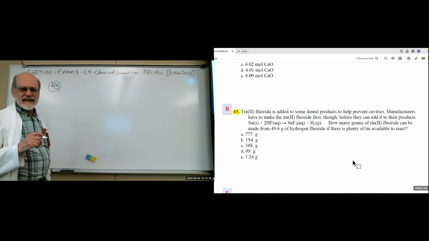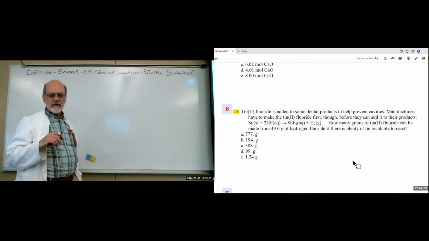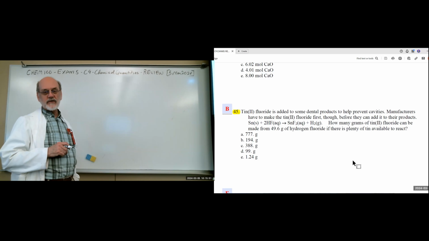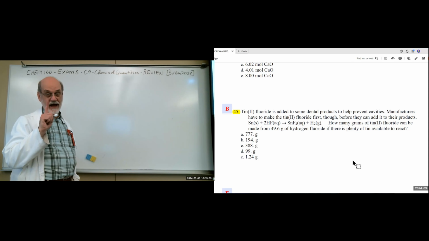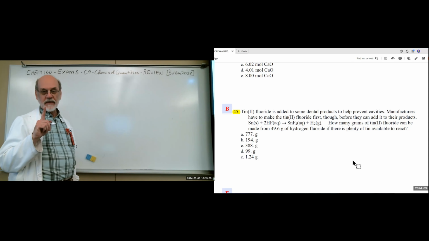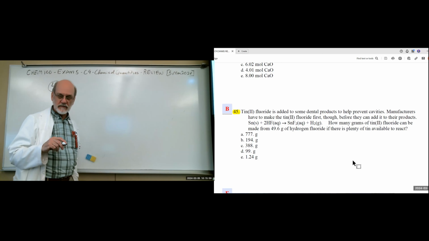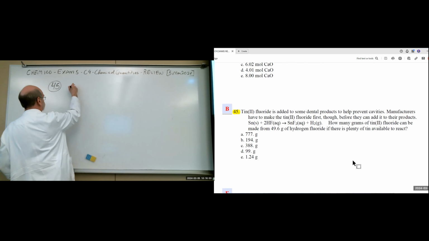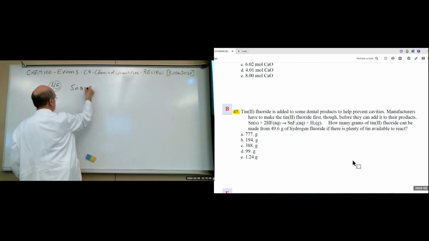45. Tin-2 fluoride is added to some dental products to help prevent cavities. Manufacturers have to make tin-2 fluoride first, though, before they can add it to their products. So they do it sometimes with this reaction.